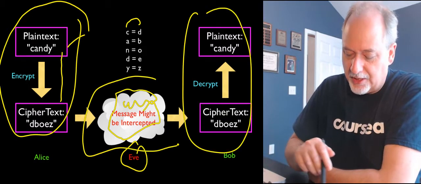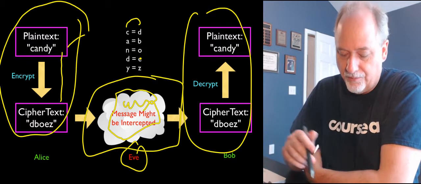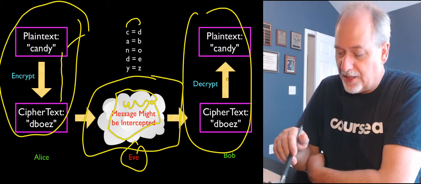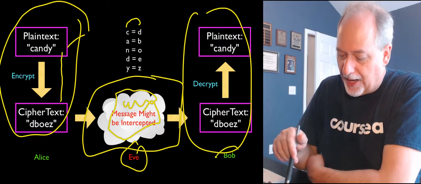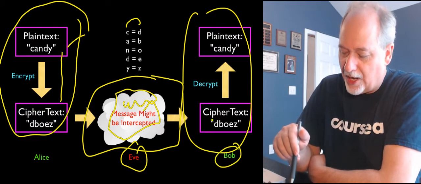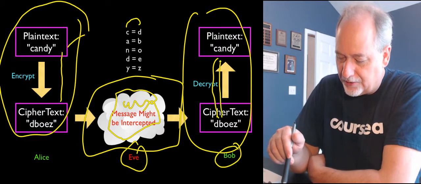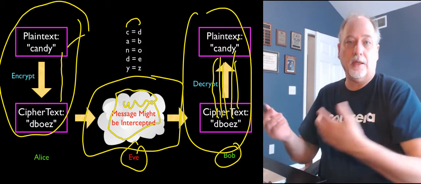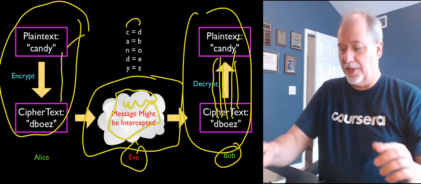It's only dangerous while it's in flight somehow in the middle. And we only worry about Eve getting it. And then at some point, because Bob has the key, which is subtract 1, Bob goes from each of the ciphertext letters back to the plain text letters, and voila, out comes the plain text again.